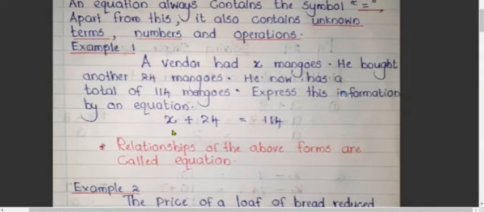He bought 24 mangoes. Now he has 114 mangoes. What is the mathematical operation we are going to do here? Plus. X plus 24 equals 114.